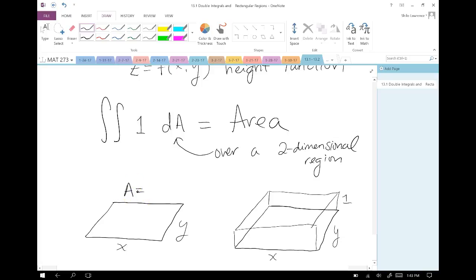How would I calculate the area for the two-dimensional region? It's just a rectangle. X times y. So the volume for my three-dimensional region is just a box. I just gave it a height of 1 because I've got 1 as my integrand.